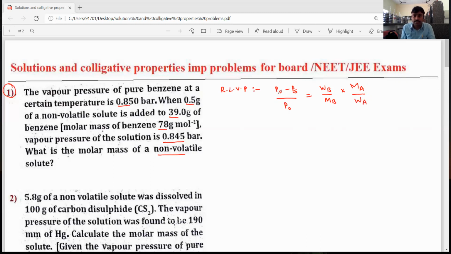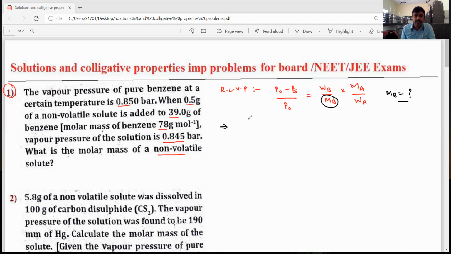In that formula, they gave P naught and Ps values, and we have to find the molar mass of the solute, MB. Now just substitute the given values in the above formula.